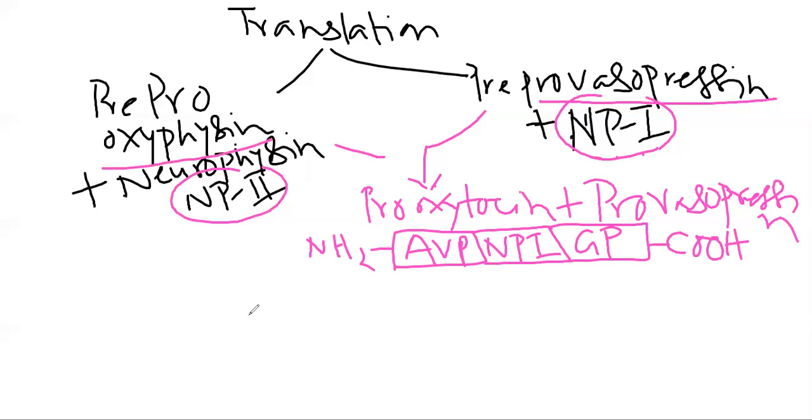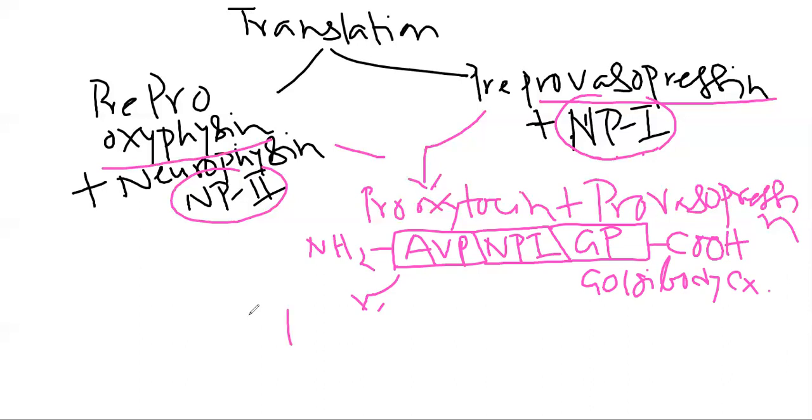So they are present in which area? In the Golgi body complex. And from there, they are released as vesicles packed with the pro hormones, that is pro-oxytocin and pro-vasopressin.